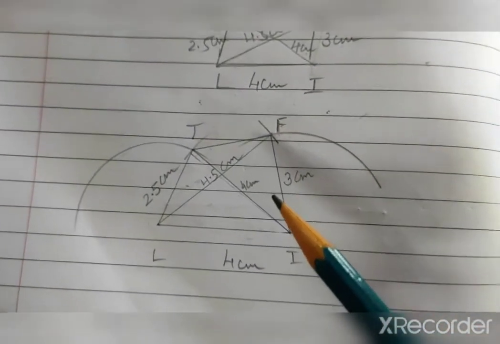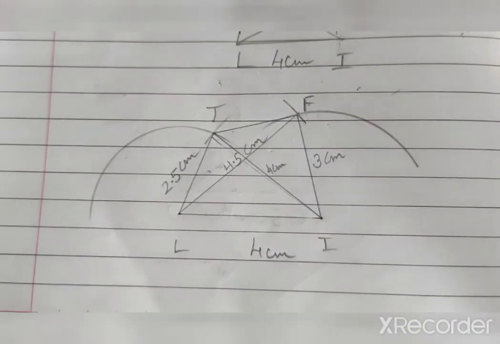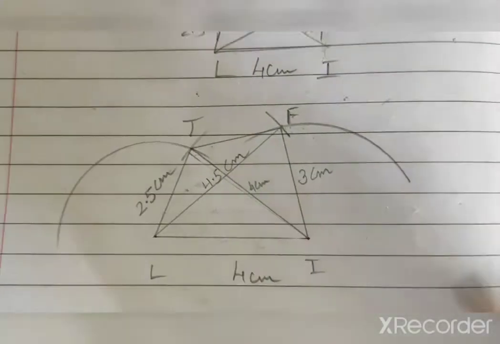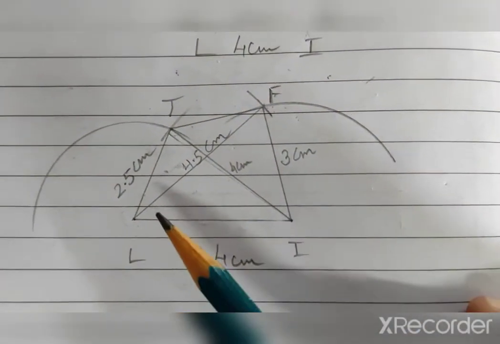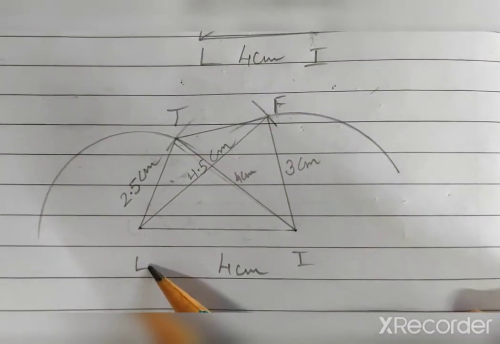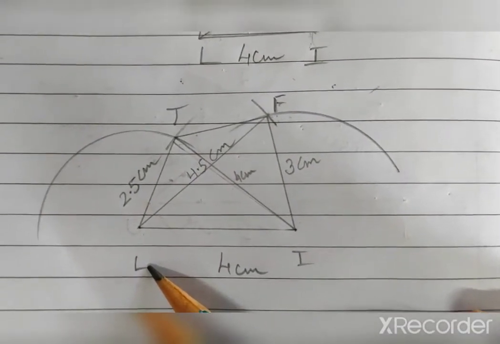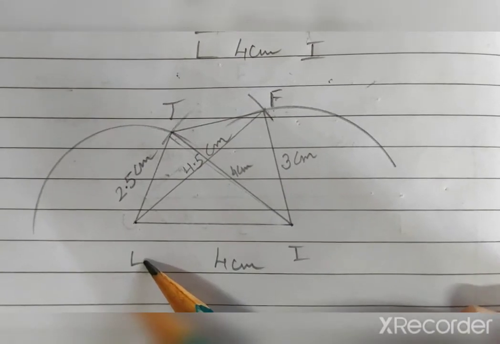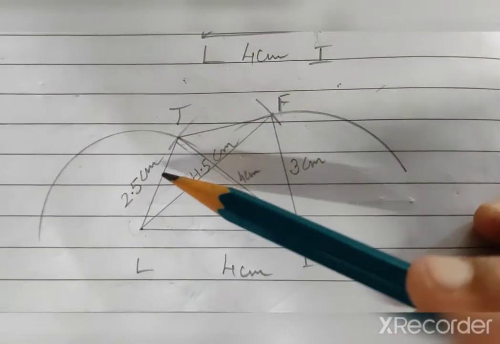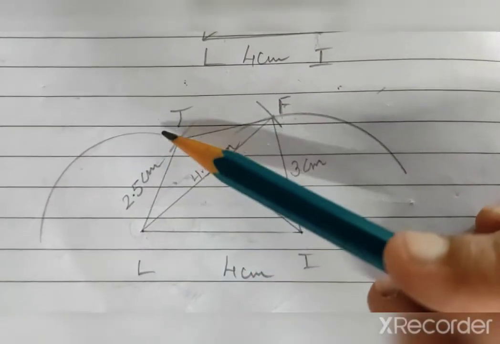So the steps of construction, whatever we are doing, we have to write. First, draw a line segment with the help of a ruler, line segment LI equal to 4 centimeter. Taking radius 2.5 centimeter with L as a center, draw an arc.